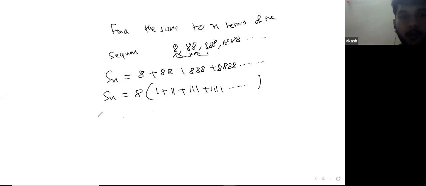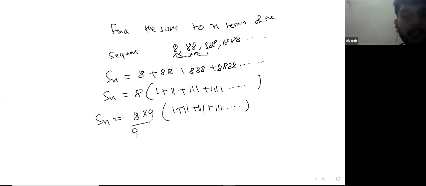Okay, now I am multiplying 9 on both sides. I can do this, right? I can multiply 9 in the denominator, so this is 8 by 9. I want to multiply this 9 on the bracket side.